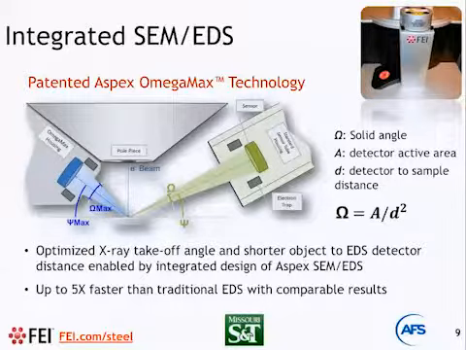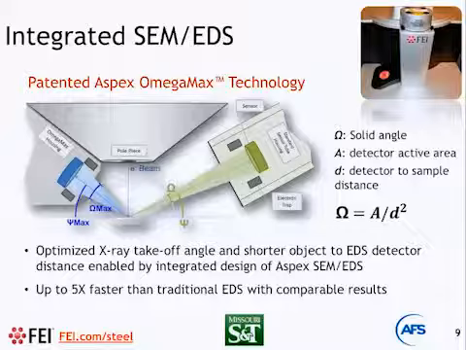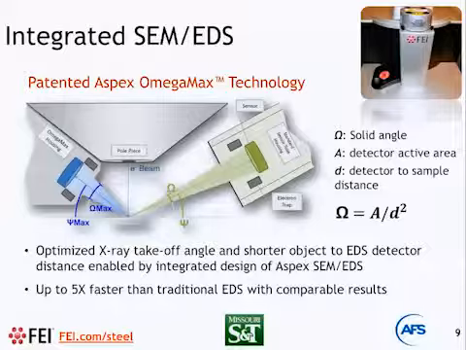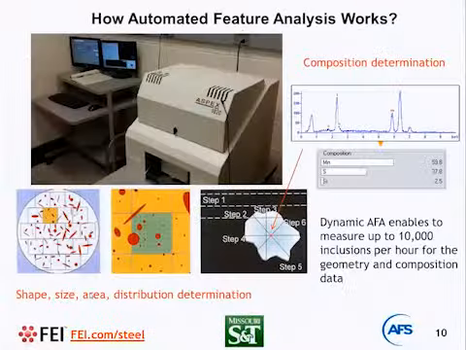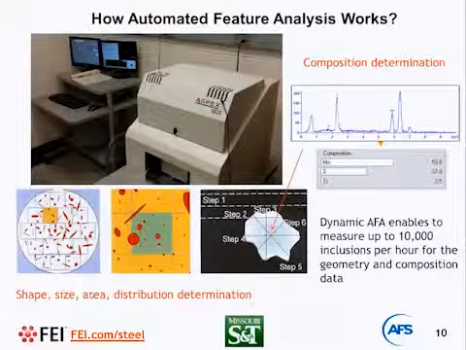We've done some tests in our company and seen that, compared with the traditional EDS configuration on the right side, the Omega Max detector gives 5 times faster data acquisition speed. On the next slide, I will show you more details on how it works.